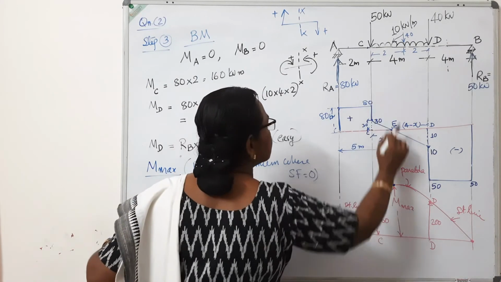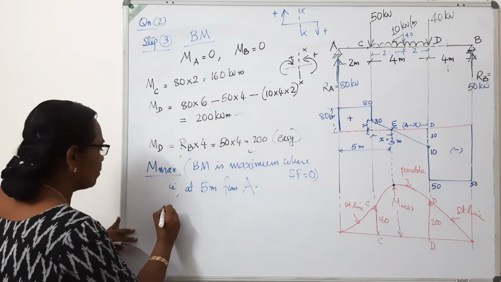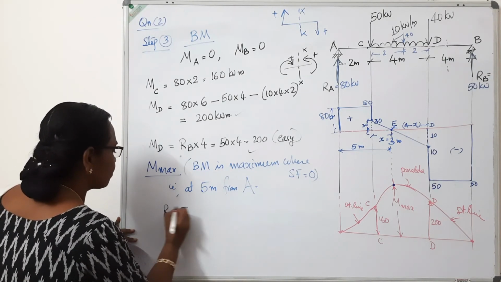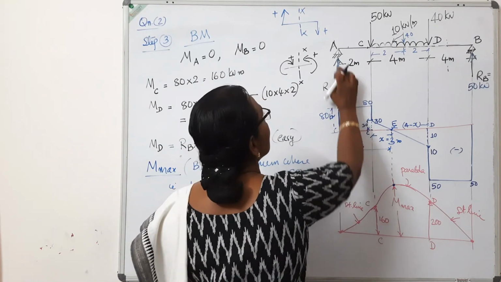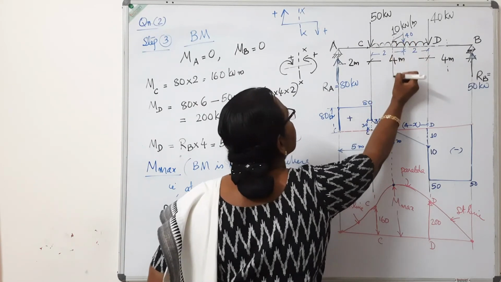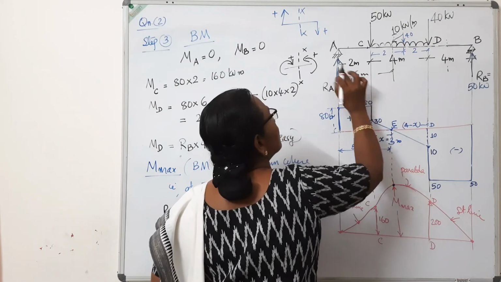Consider left of that section. What are the forces? RA acting at 5 meter, so it is RA into 5. It will be somewhere here, isn't it? 5 meter from here, RA into 5.